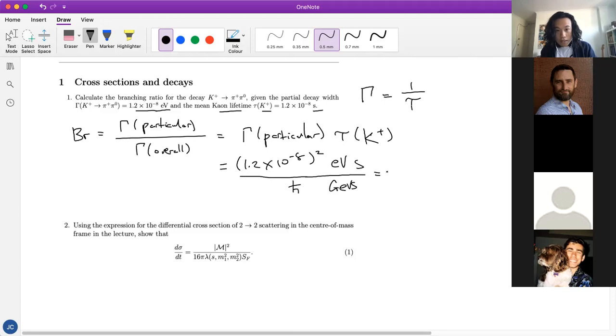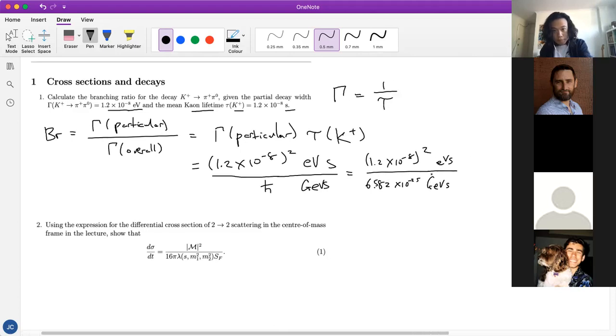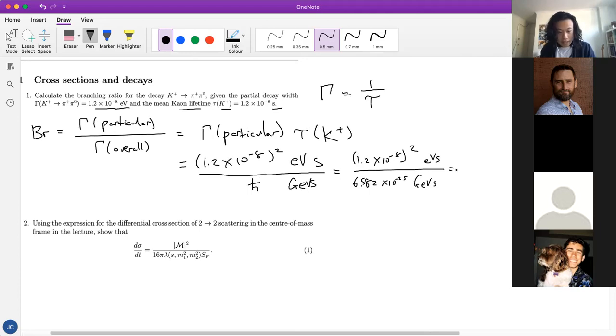Overall, that gives us 1.2 times 10 to the minus 8 squared divided by 6.582 times 10 to the minus 25. This top is eV seconds and the bottom is GeV seconds, so there's another times 10 to the 9 here. But okay, if you put that in a calculator, it will give you a nice dimensionless number, just 0.22.